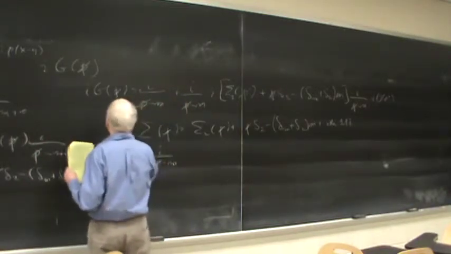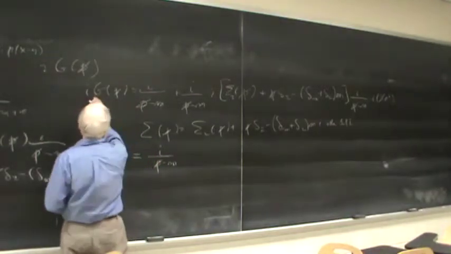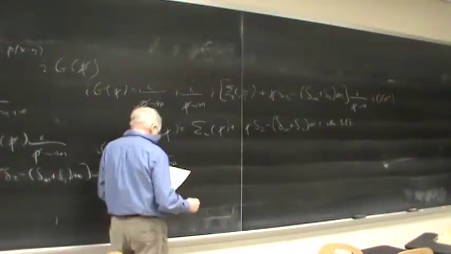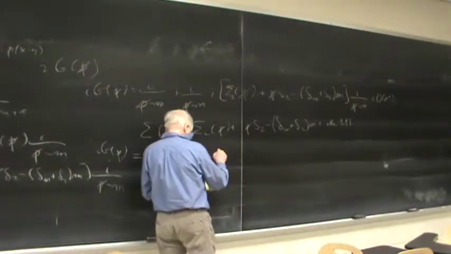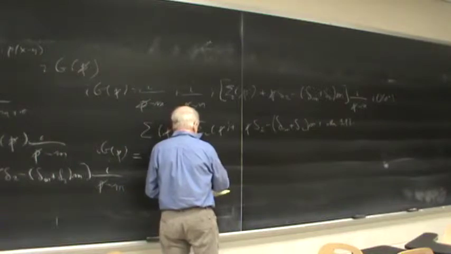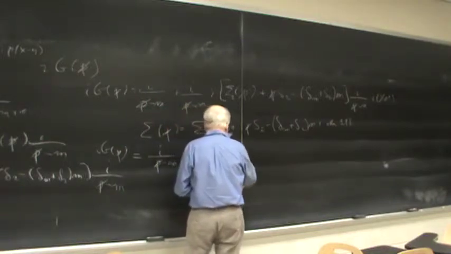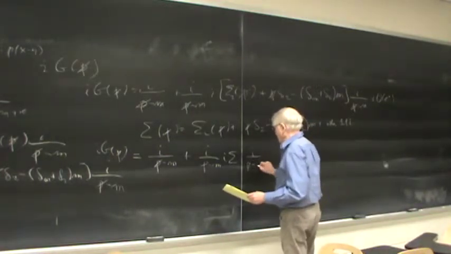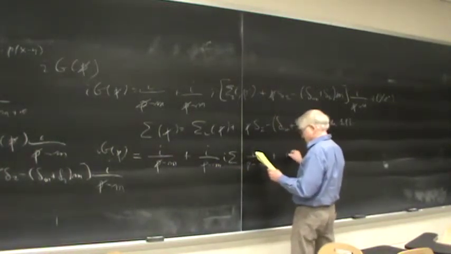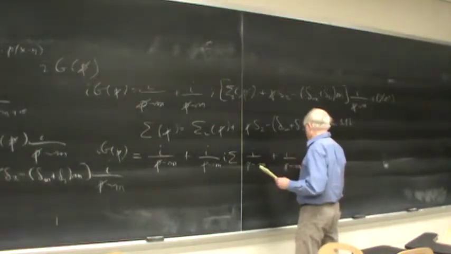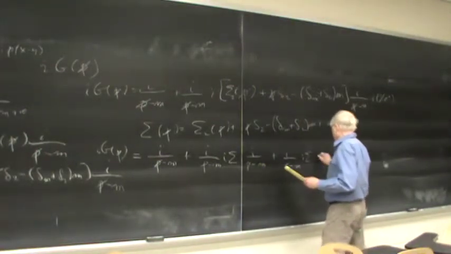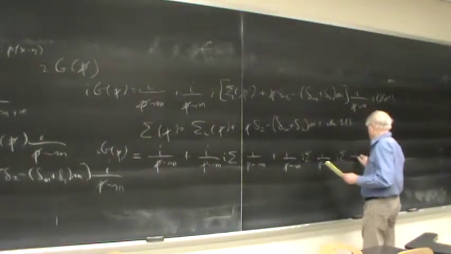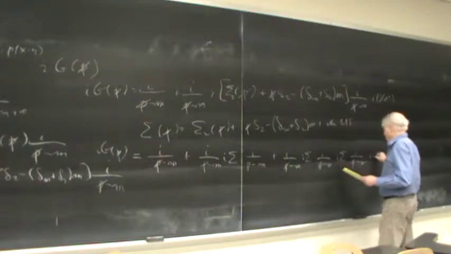And so I should say that what we're doing here is: iG of p-slash equals i over p-slash plus m minus m, i over p-slash minus m, i sigma, i over p-slash minus m, plus i over p-slash minus m, i sigma, i over p-slash minus m, i sigma, i over p-slash minus m, plus dot dot.